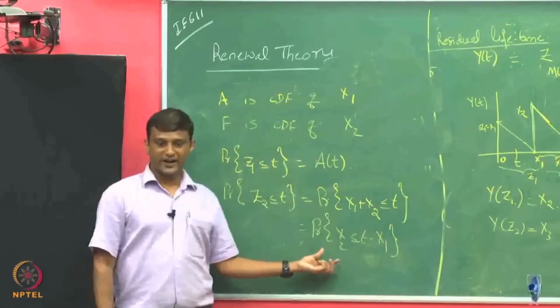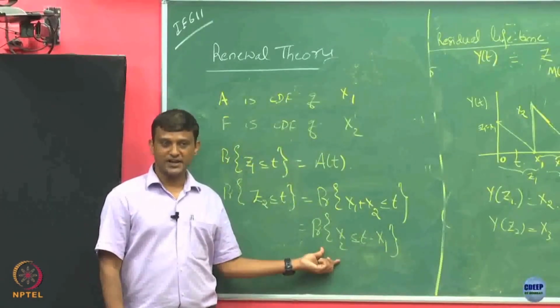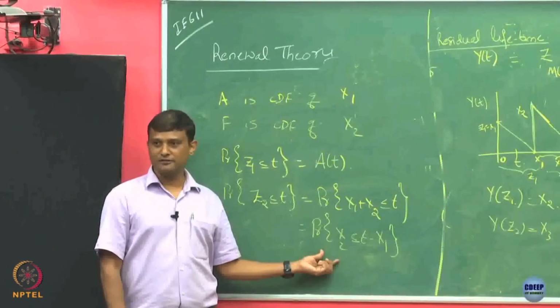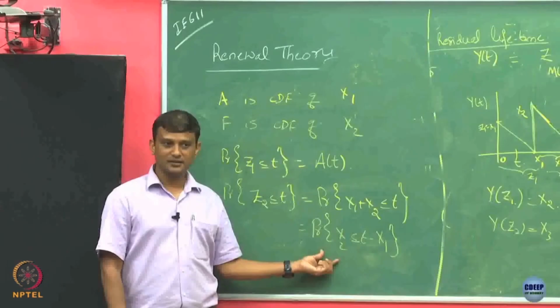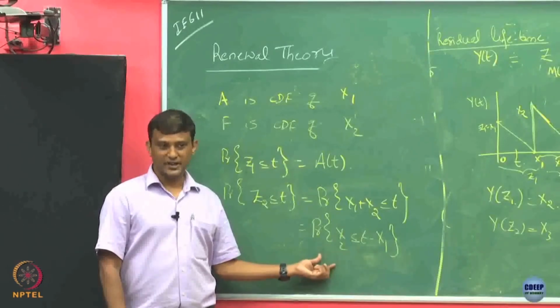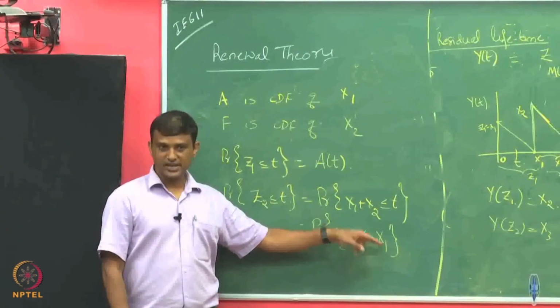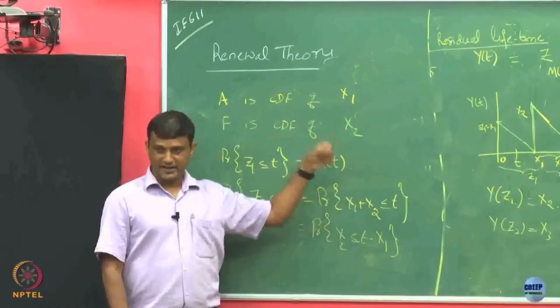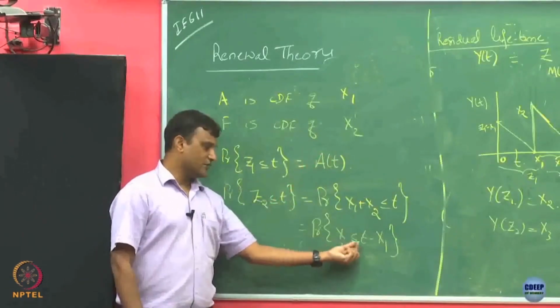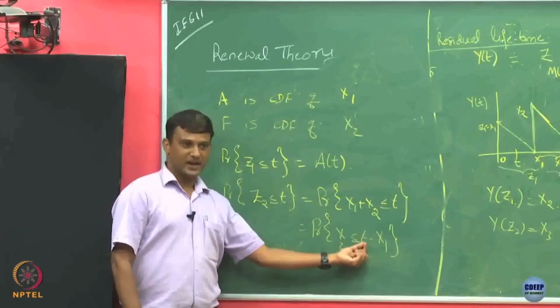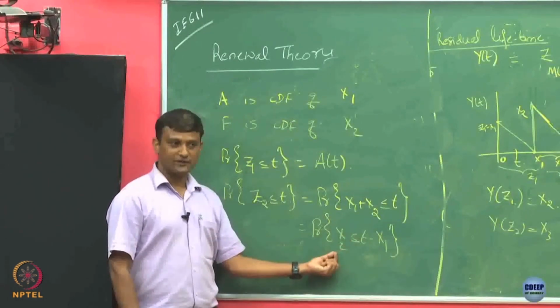You have already dealt with such cases, right? How to find the distribution of this. How are you going to find it? By using double integrations, right? You first let X1 take values as per its distribution, and for each possible value you compute the probability of X2 being upper bounded by the remainder as per the distribution of X2.